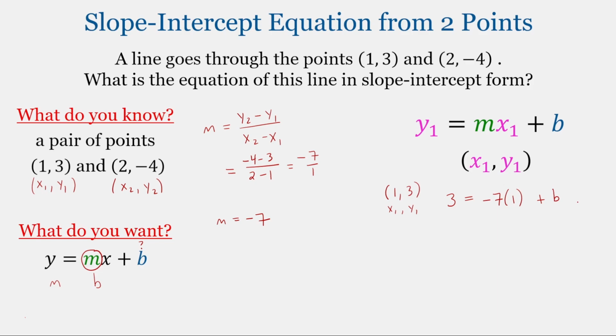And we can find that y-intercept. We have 3 equal to negative 7 plus b. Solving for b, we get b equal to 10. So now we know the slope and the y-intercept, so we can write our equation: y equal to negative 7x plus 10.